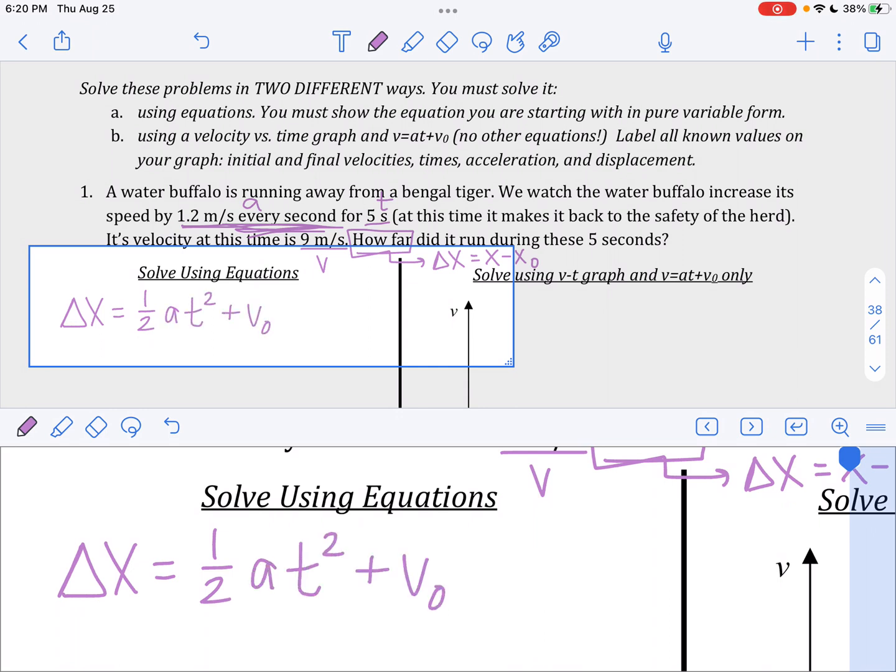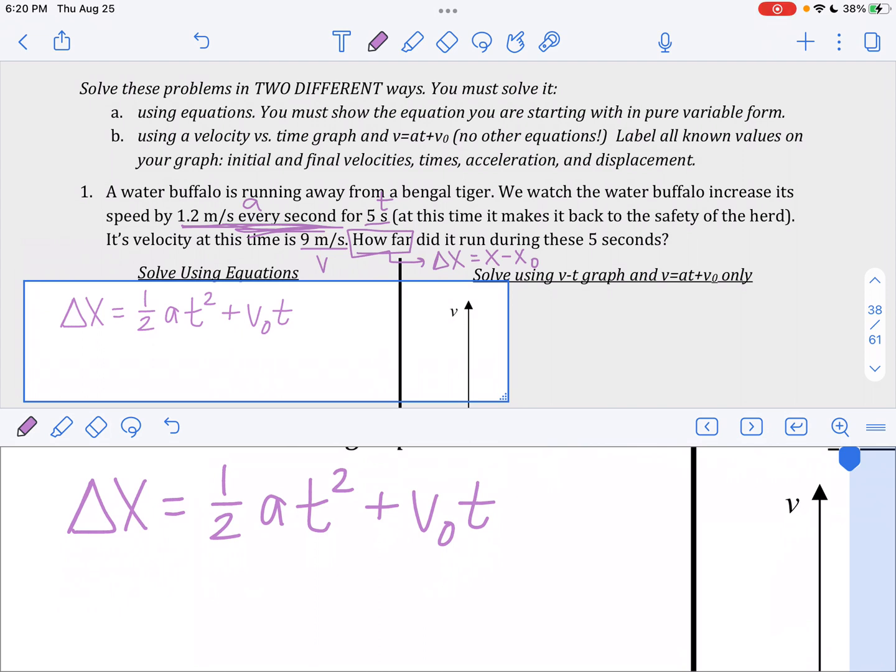And right now we only have 2 physics equations, just those first 2 at the top left of the green equation sheet. And this one has delta x, which is what I'm looking for. So I'm going to start to plug some information in. So my acceleration is 1.2. The time is 5 seconds.